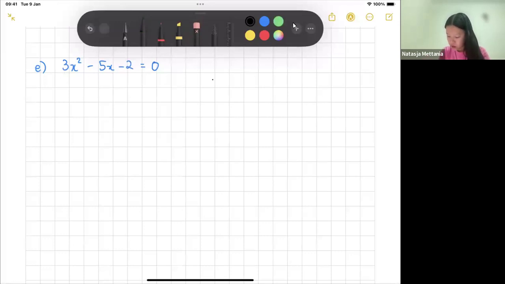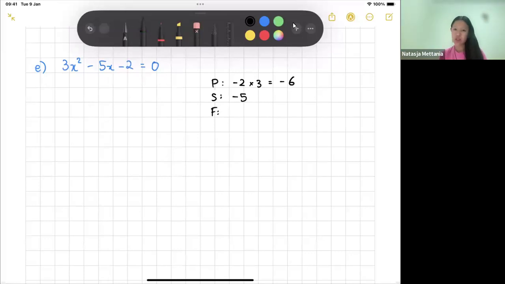Using grouping in pairs, I need to use two things, PSF and HCF in one. So the product here is not just negative 2, but I need to multiply that negative 2 with that 3. So negative 2 times 3 gives me negative 6. The sum needs to equal negative 5.